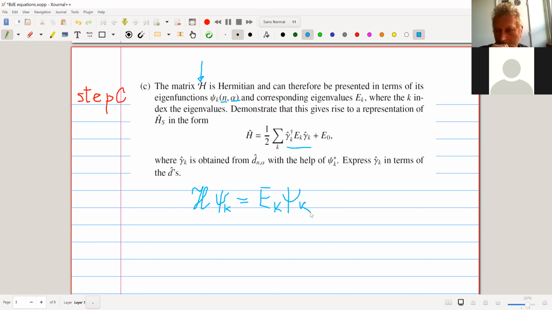Eigenvector. So what we can do about this with the aid of this relation, we are talking about any matrix, any eigenvalues and eigenvectors in any basis.